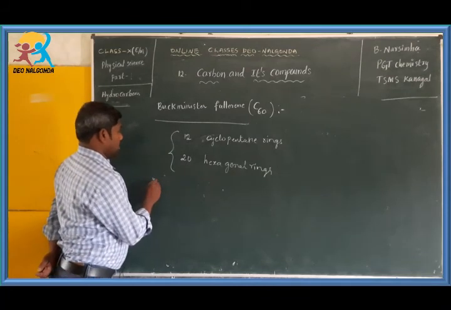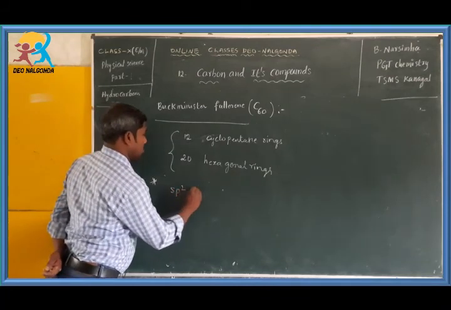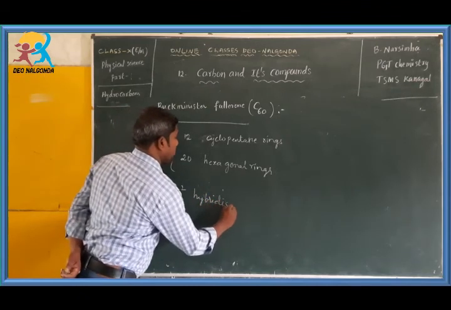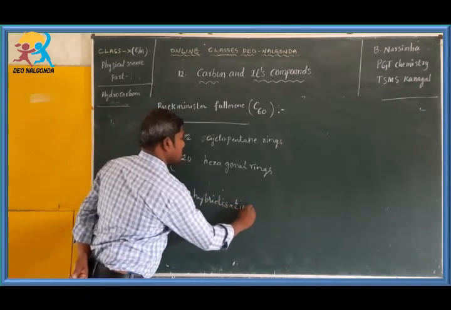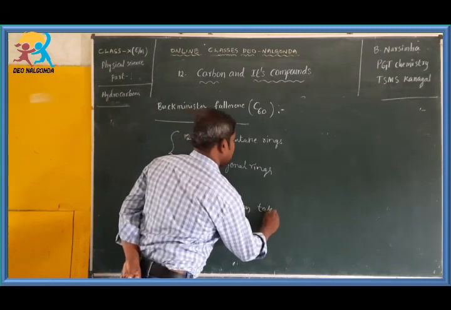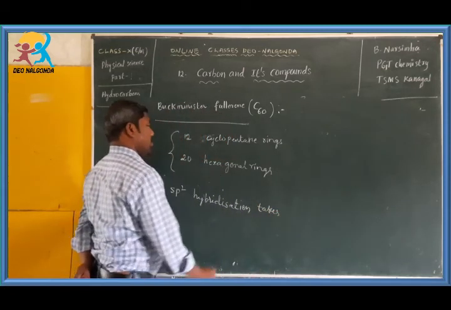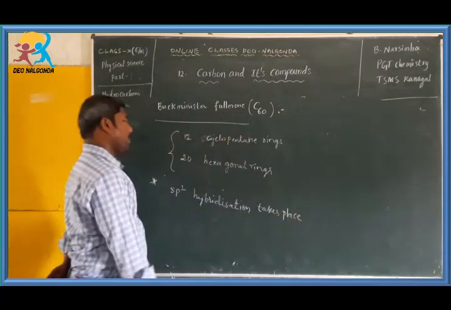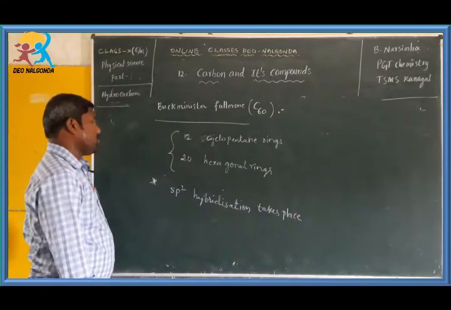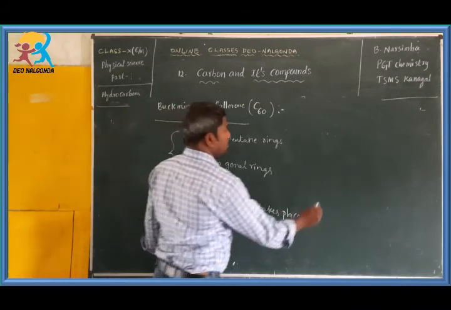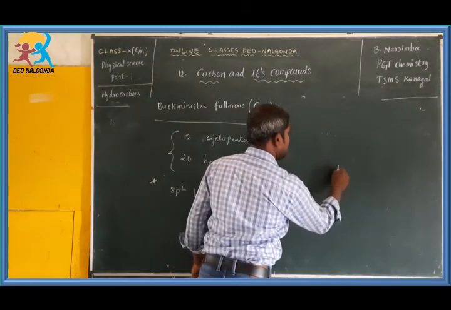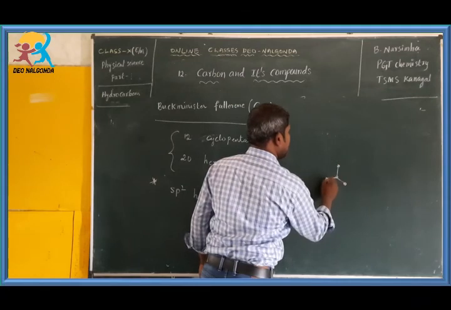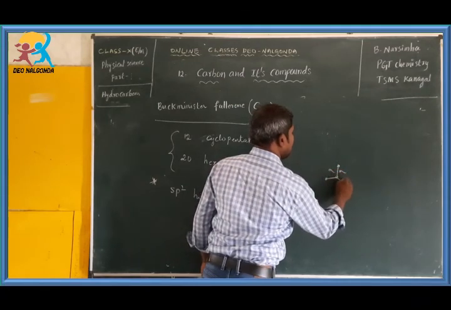In fullerenes, sp2 hybridization takes place. Each central carbon atom is bonded with another 3 carbon atoms. 3 covalent bonds are formed.